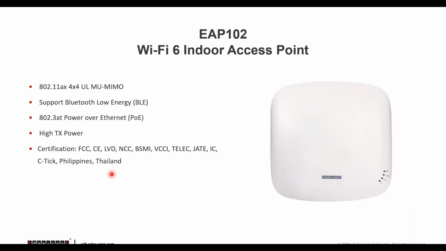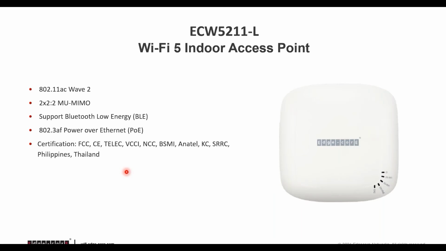Okay, this one is the EAP102, Wi-Fi 6, 4x4 with one Bluetooth, and it can also be powered by 802.3bt, high power design. Same as the EAP101, it has a lot of certifications. The first Wi-Fi 5 one is the ECW5211-L. It also supports Bluetooth and PoE, 802.3af.